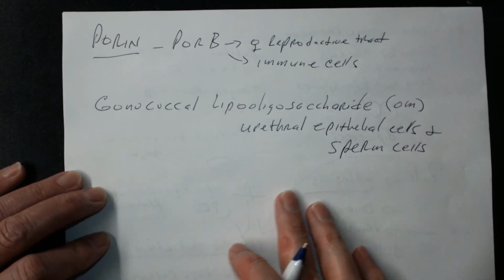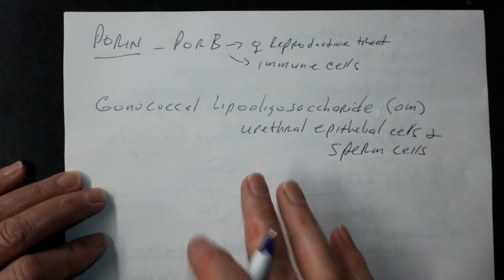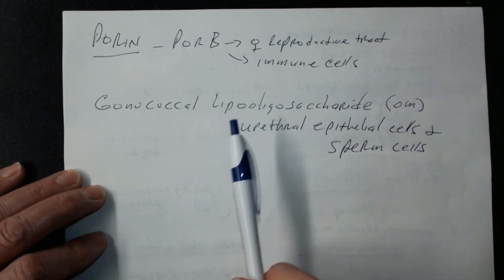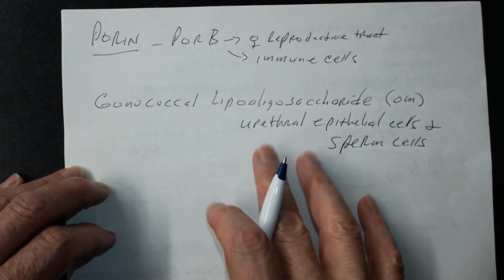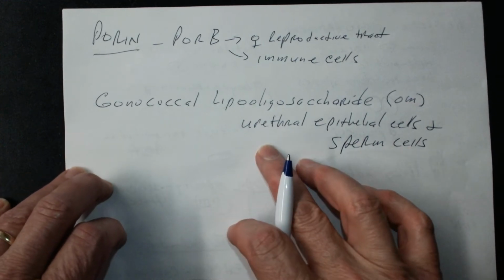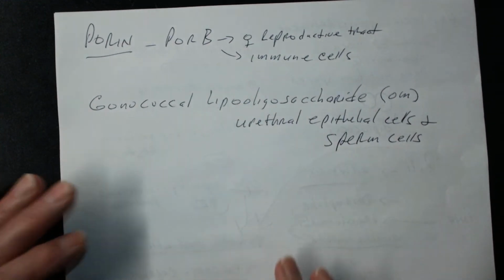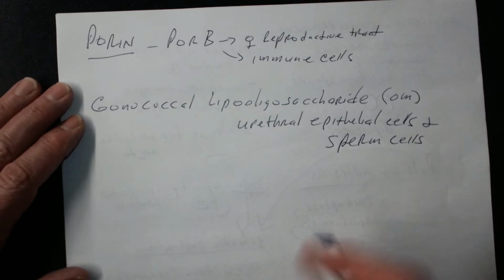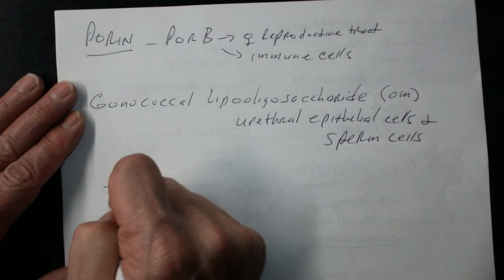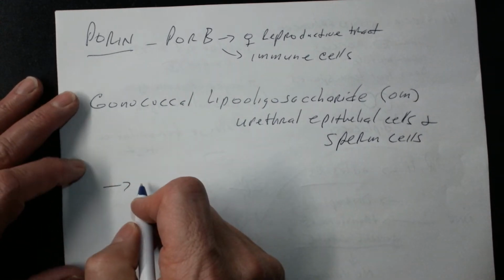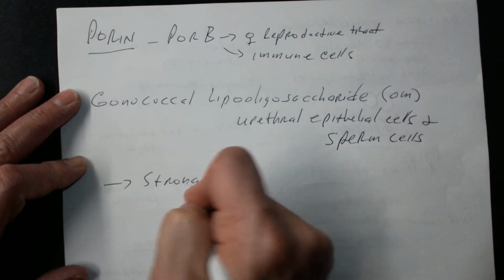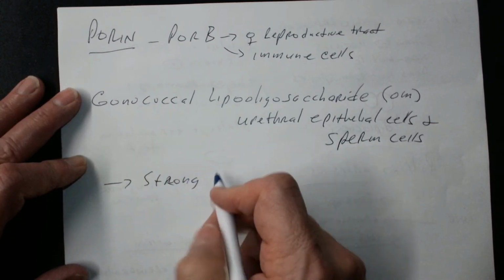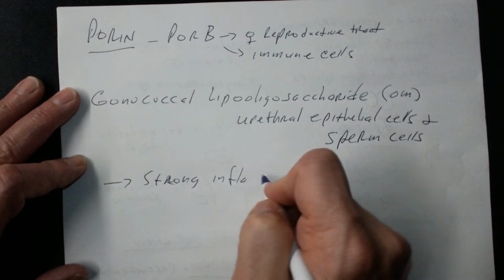So the organism has lots of ways to stick to the reproductive tract. And that is one of the reasons why this organism is so good at colonizing both the male and female reproductive tract. Now, the organism elicits from epithelial cells in the reproductive tract a very strong initial inflammatory response.